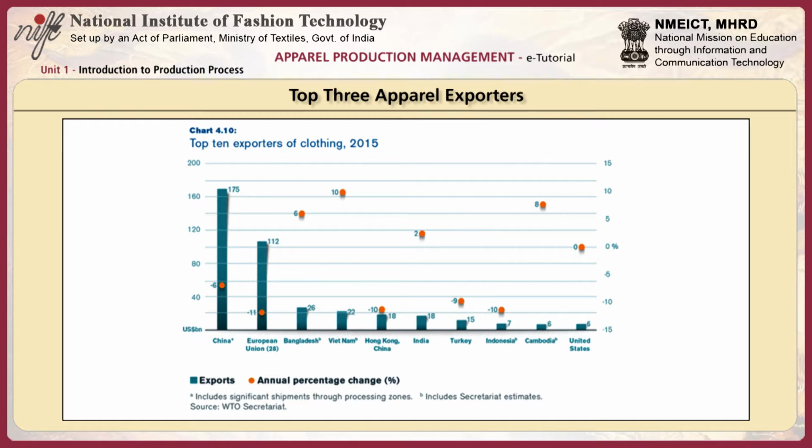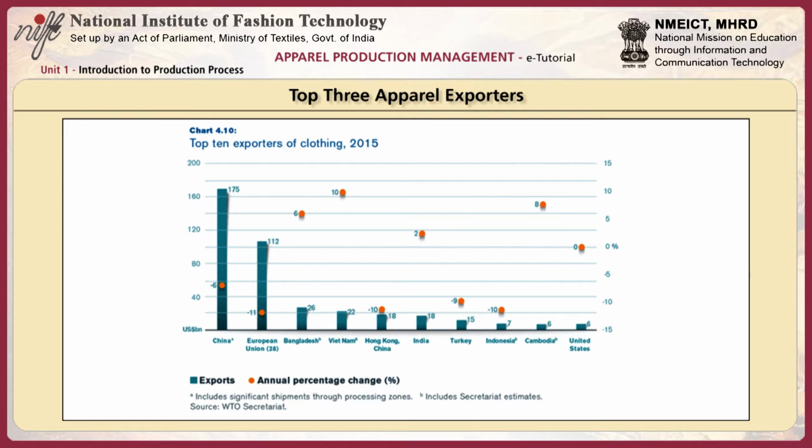If we have a look at it again, we will also note that there is a 6% drop in China's annual export, an 11% drop in European Union's annual export. Bangladesh has increased by 6%. Vietnam's export has increased by 10%.